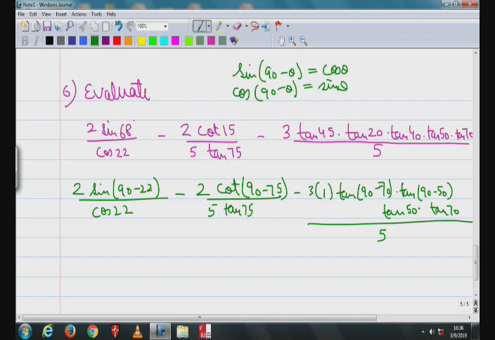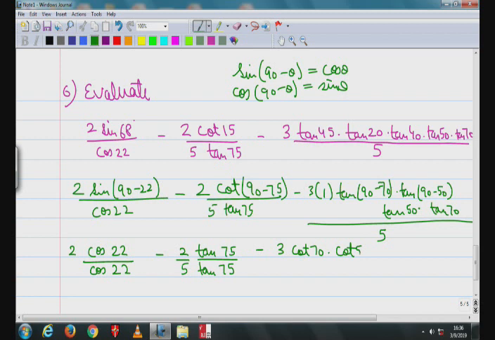Now sine of 90 minus theta is nothing but cos theta, so it will become 2 times cos 22 divided by cos 22, minus cot of 90 minus theta is tan theta, so tan 75 over tan 75, and tan of 90 minus 70, tan 90 minus theta is cot theta, so cot 70, cot 50, this whole thing divided by 5.